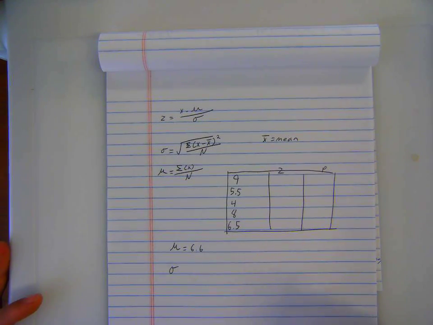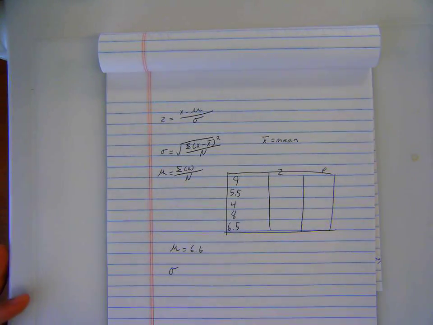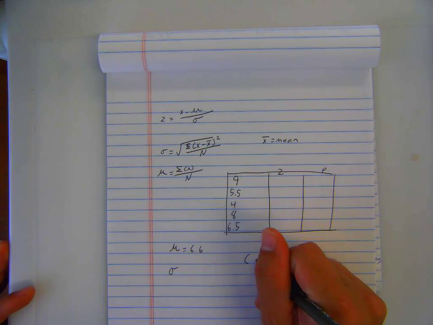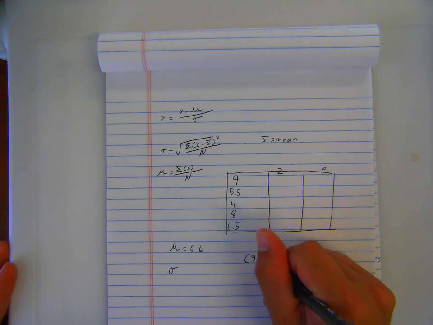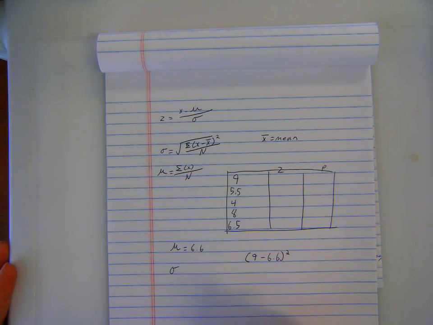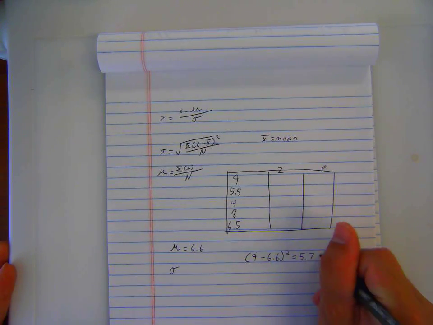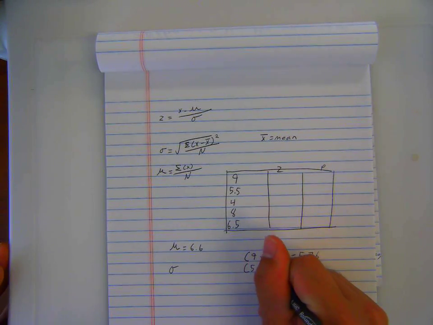So what we're going to do is we'll start with 9 and plug that in. So we're just doing these parentheses right here. So x would be 9, the mean would be 6.6, and that's going to be squared. 9 minus 6.6 squared equals 5.76. Next one, 5.5. And again, we're just plugging it in.